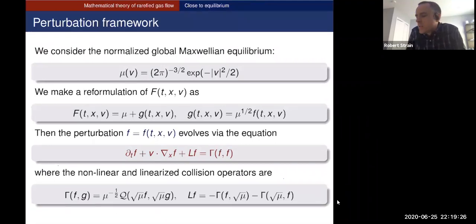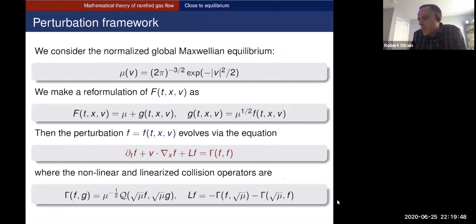Okay, so now I'll explain to you the setup in the equilibrium framework. The steady states for the Boltzmann and Landau equations are these normalized global Maxwellian equilibria, so mu of v is e to the minus v squared, normalized so that its L1 norm is 1.